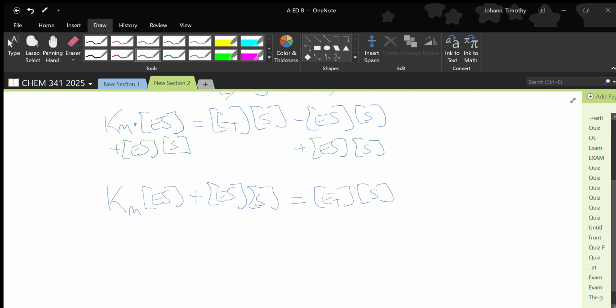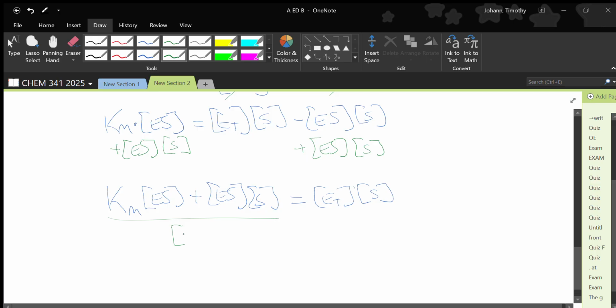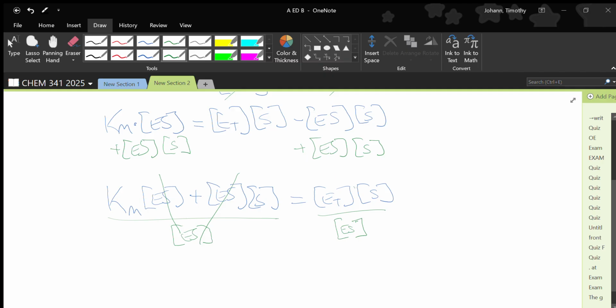You guys with me? I'm going to divide by enzyme substrate complex on both sides. Okay, and that's going to cancel there. I didn't factor it out. I could have factored it out to make it more obvious. You see, if I divide both these terms by enzyme substrate, you okay with that?